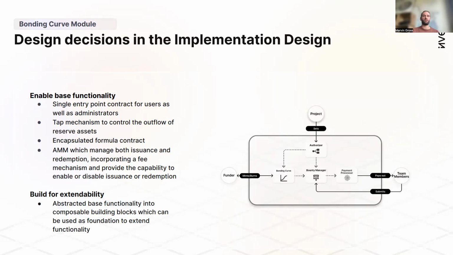And this might be a good place to already introduce the question that I have at the end around feedback, so you can keep it in mind: what would you consider to be base functionalities? Because what we try to do is distill some base functionalities and then build some blocks around it.